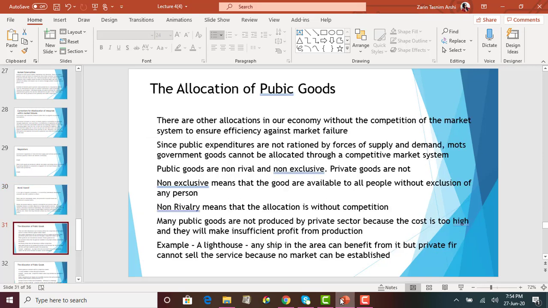Okay, so there are other allocations in our economy without the competition of the market system to ensure efficiency against market failure. Since public expenditures are not rationed by forces of supply and demand, government goods cannot be allocated through a market system. So here we are trying to talk about public goods. Public goods are goods that are provided by the government.